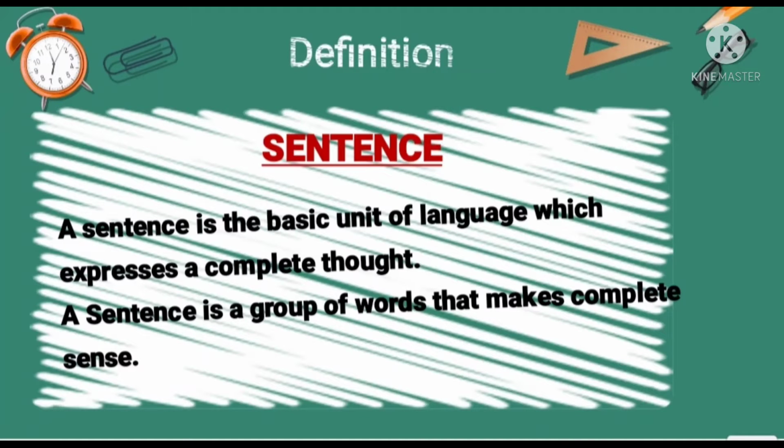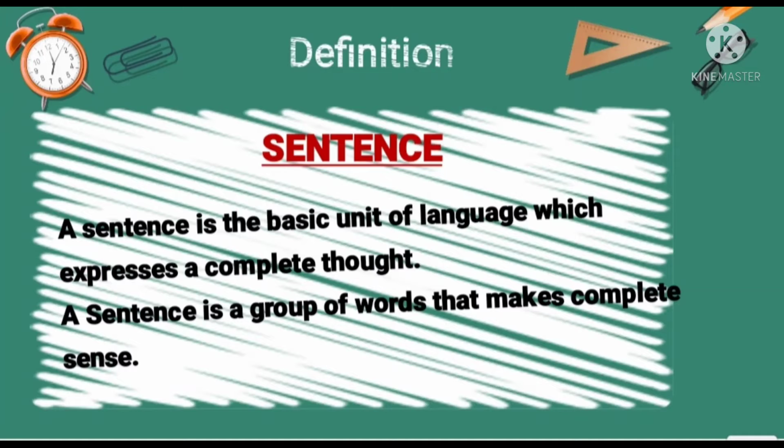Definition of sentence. A sentence is a group of words that makes complete sense. A sentence is the basic unit of language which expresses a complete thought. So children, a sentence has the arrangement of words in proper order so as to complete the sense.